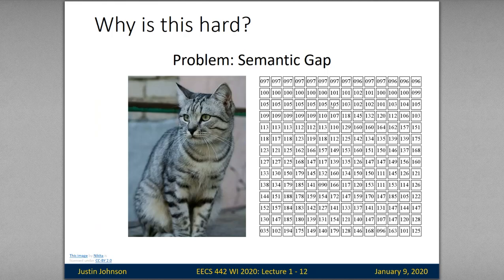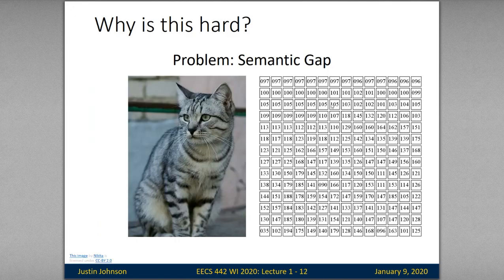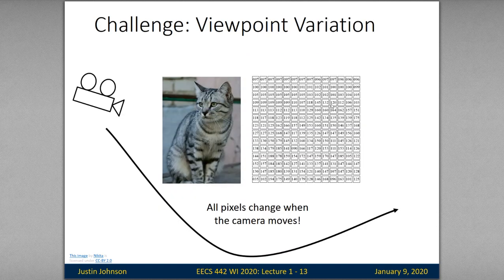So for a computer it doesn't make a difference really if there is a building or a cat in the image. Both of these are just matrices of numbers. And then if there are seemingly really small changes in the camera view, like we move the camera just one tiny bit, the amount of one single pixel, it means that all the pixel values in this image matrix change.